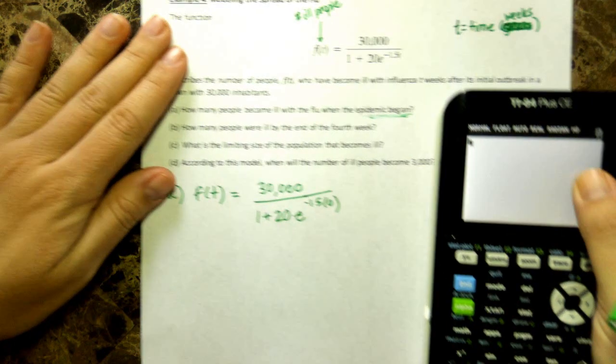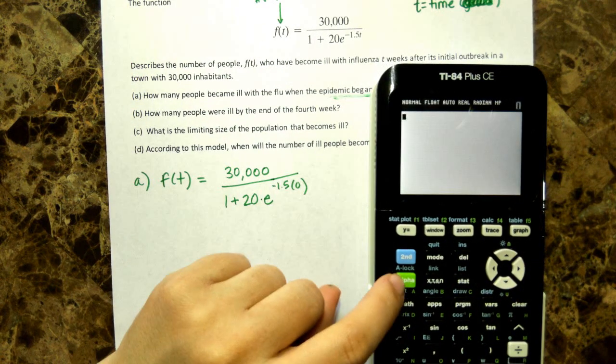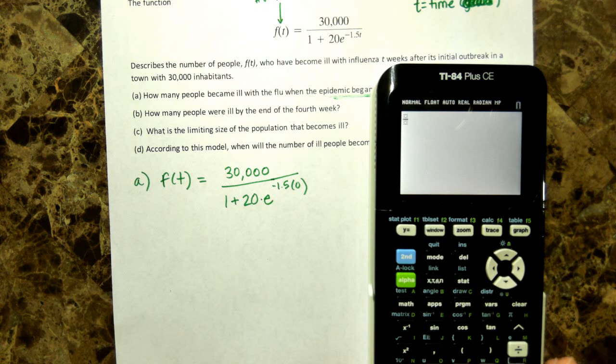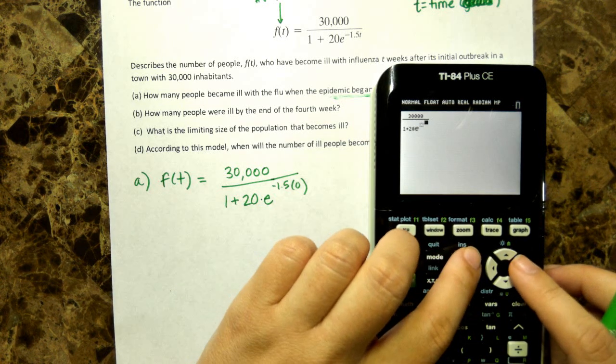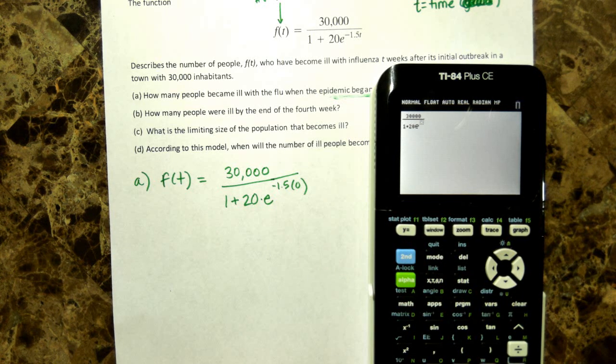And I can type this whole thing into my calculator, I encourage you to use the fraction template. On the numerator will be 30,000. On the denominator will be 1 plus 20 times e raised to the negative 1.5 times 0 power.